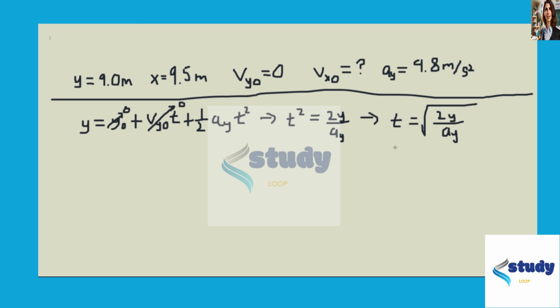Okay, so now we just need to plug in those values. t is equal to the square root of 2, which remains 2 of course, y is 9 meters, right? Divided by 9.8 meters per second squared. And if you plug all that into a calculator, you find that this equals 1.36 seconds.